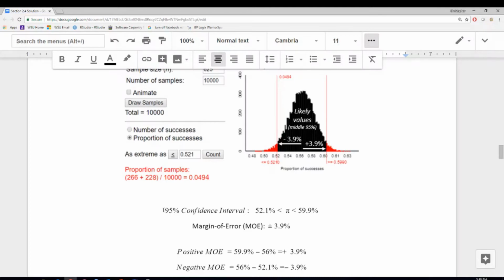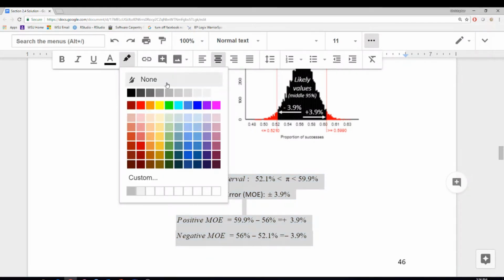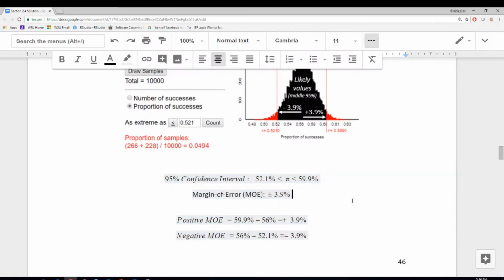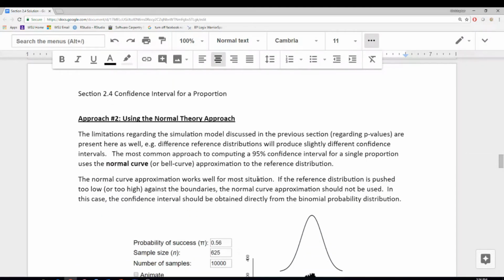Now this is a 95% confidence interval because I'm identifying the middle 95% of my observations here. So again, most often we compute 95% confidence intervals because we're using the 5% rule when determining unlikely from likely outcomes.